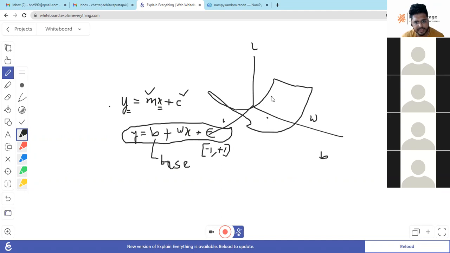I started randomly at this point, and I want to reach this point. Now, I don't know how to reach this point because I have so many parameters. Here there are only 2 parameters. That's why I can visualize it and I can think of some mathematical equations to reach there. But if it is 4 or 5 parameters, then how do I do that?